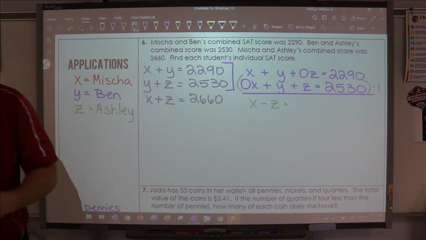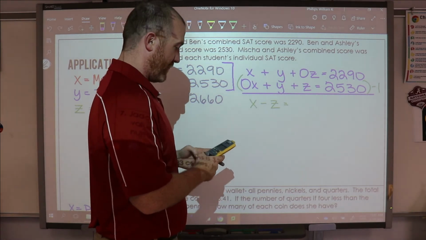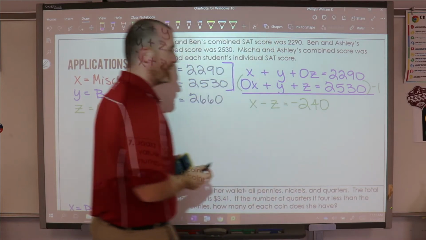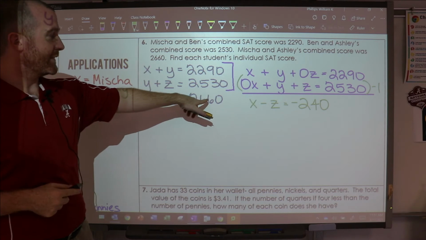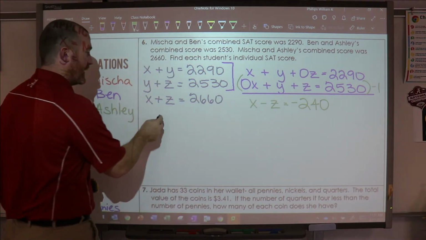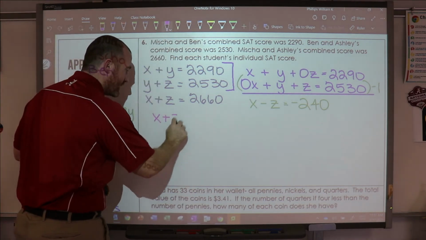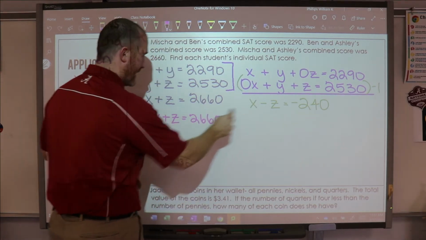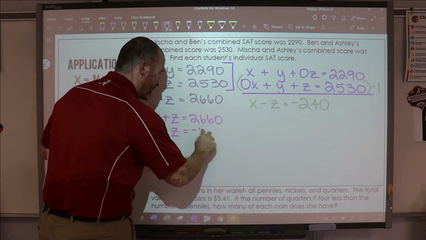Let's do that on our calculator. 2290 minus 2530 is going to give me -240. So now I have an equation: X plus Z is 2660, and X minus Z is -240. If I wrote that out as a system, I have X plus Z equals 2660, and X minus Z is -240.